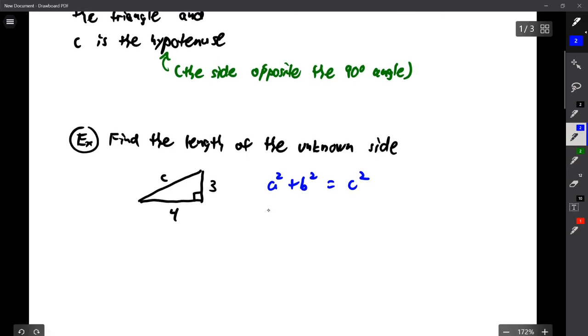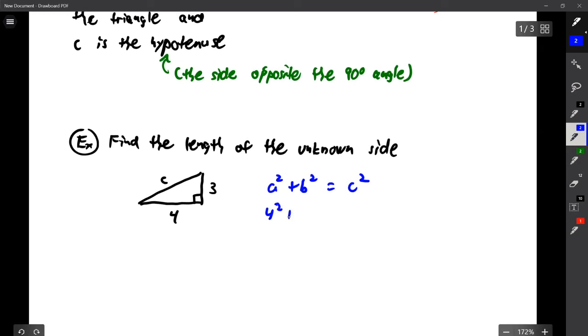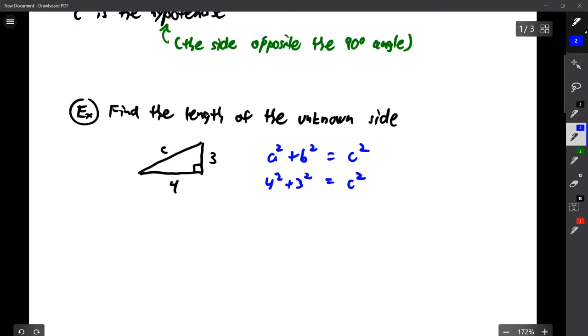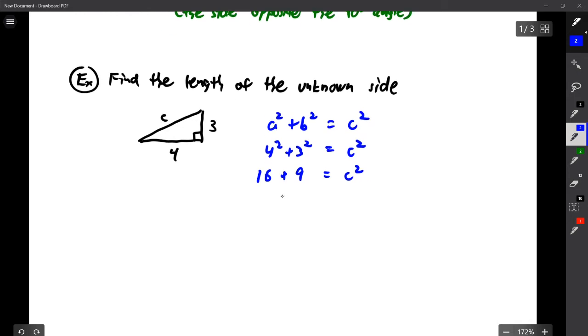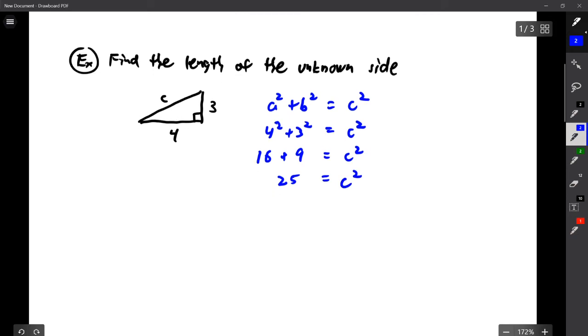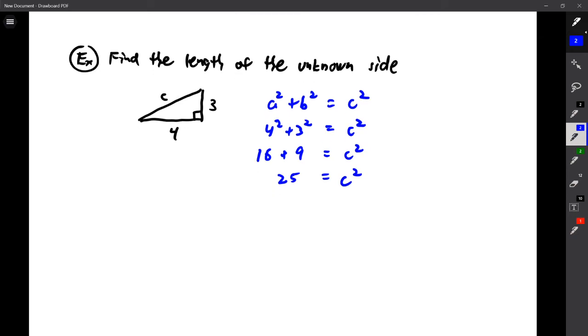So I'm going to say 4 squared plus 3 squared equals c squared. Well, that is 16 plus 9 equals c squared. 16 plus 9 is 25, so 25 equals c squared. Now we want to find what c is.